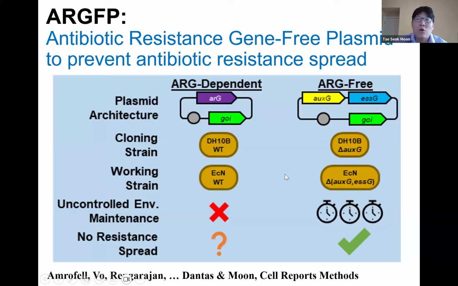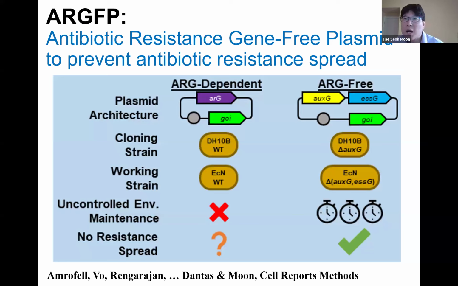And now we have put that into Addgene, both plasmid and strain. The only thing you need to do is buy this by paying a small fee to Addgene and then do the same cloning method. The only difference is don't use any antibiotics. That means you don't have any guilty feeling anymore about using an antibiotic resistance gene in your plasmid and potentially releasing it into the environment.